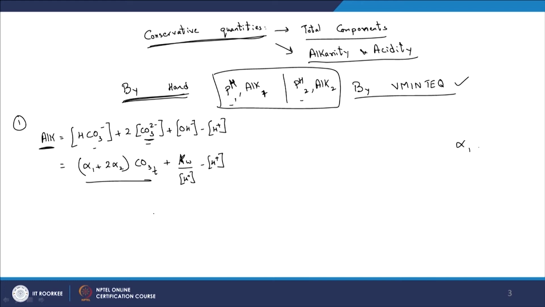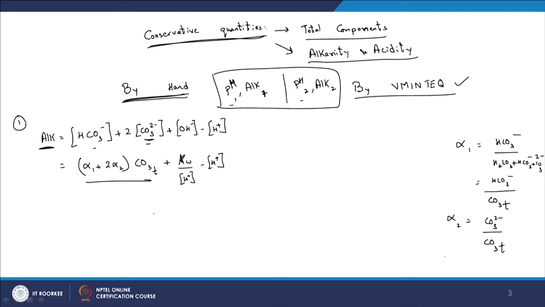Ionization fraction alpha 1, what would that be equal to? HCO3 minus divided by H2CO3 plus HCO3 minus plus CO3 2 minus, right. That is nothing but HCO3 minus divided by CO3 total, right. And similarly, what is alpha 2? Alpha 2, pardon me, is going to be equal to CO3 2 minus by CO3 total.